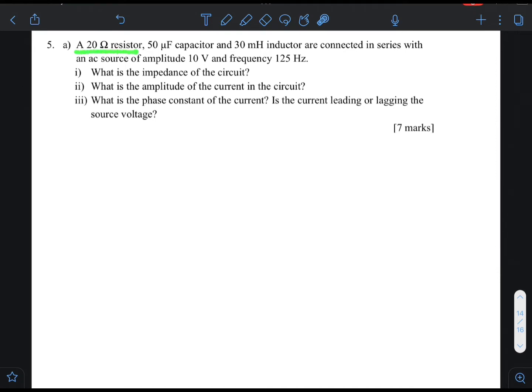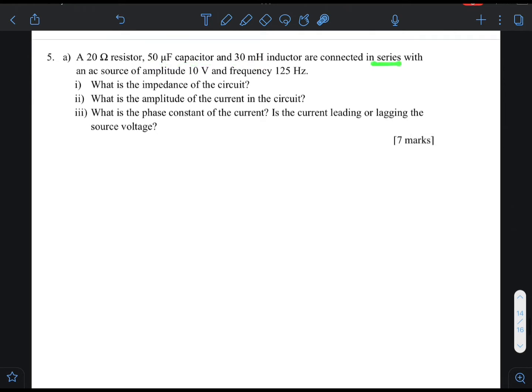So 5A, we have a 20 ohm resistor, 50 microfarad capacitor and 30 millihenry inductor connected in series with an AC source of amplitude 10 volt and frequency 125 hertz.